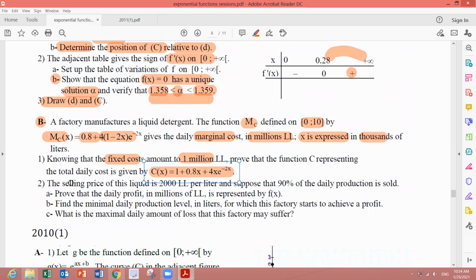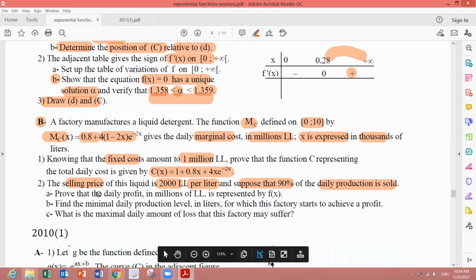Part 2. The selling price of this liquid is 2000 Lebanese lira per liter. And suppose 90% of the daily production is sold. Okay, 90% of the production is sold.